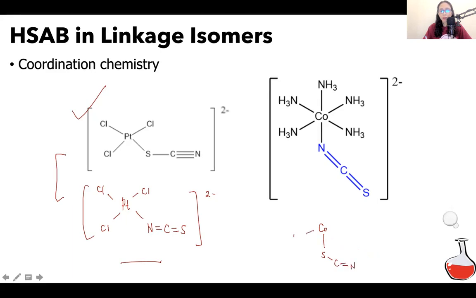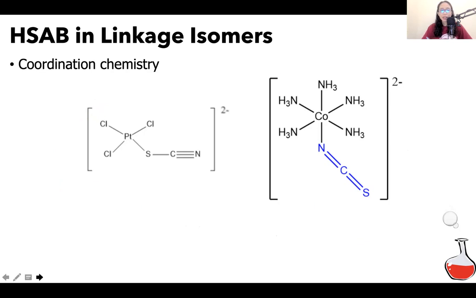Then you have 5 NH3 molecules, and the charge. These two are called linkage isomers in coordination chemistry. Again, the more stable complex is the one where cobalt is interacting with the nitrogen of the base.